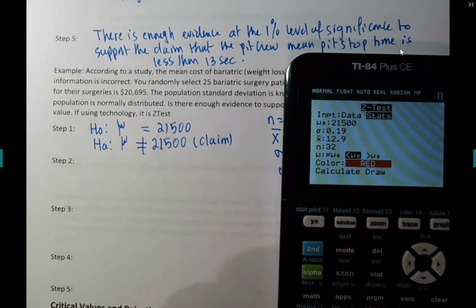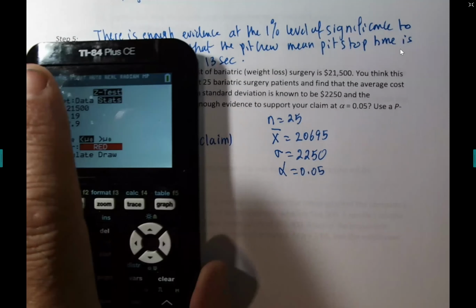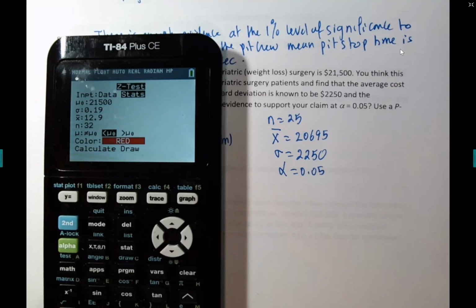And then sigma, I'll just move to the other side, guys. Sigma is 2250. X bar is 20,695. I would review, guys, what you enter on the screen just before you hit calculate, in case you missed anything or made a typo, because I wouldn't be able to know what you did, guys.